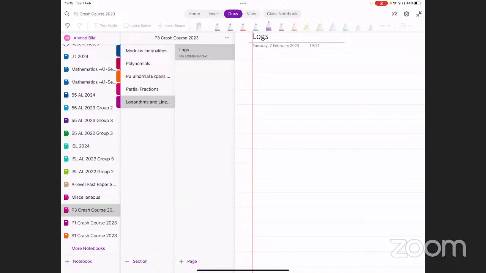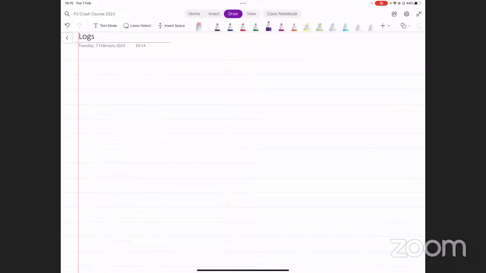Now, today, what we're going to do is start with our next topic, which is logs. This is a topic that a lot of people find confusing for some reason. So you need to really make sure that you're paying attention and you understand the basics well, because it's a relatively easier topic in the sense that the questions you get do not really require a lot of thinking.